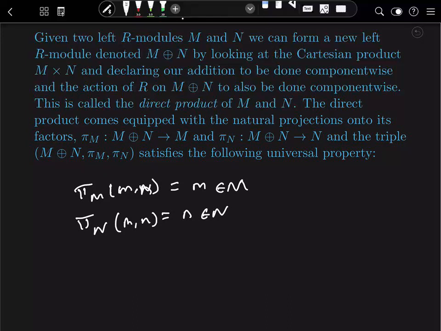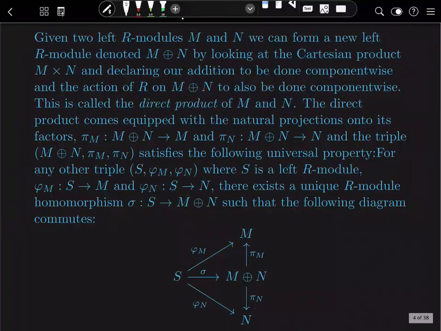Now this triple right here, the direct sum and the projection mappings, satisfy the following universal property. The universal property is stated kind of abstractly.